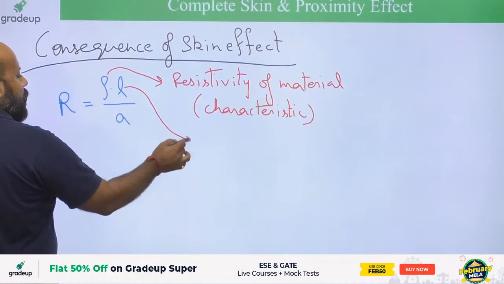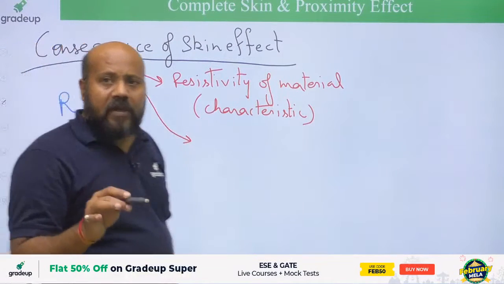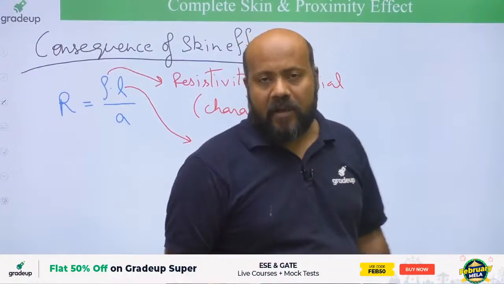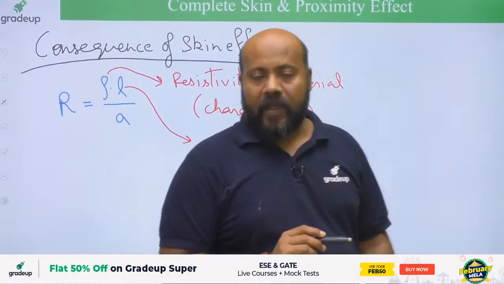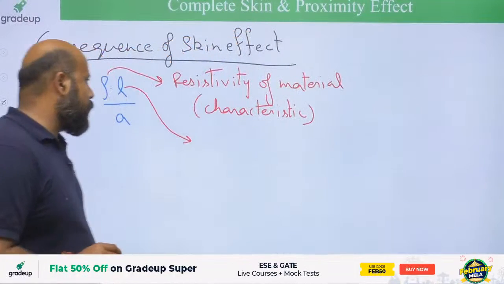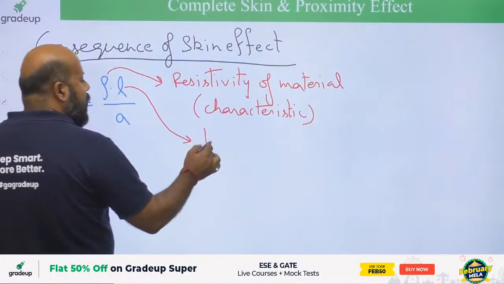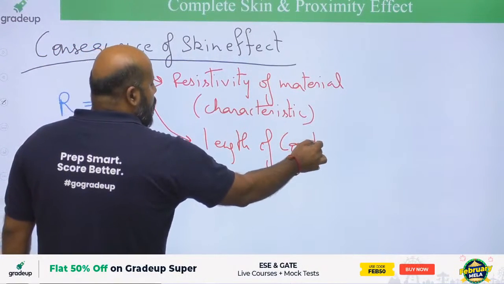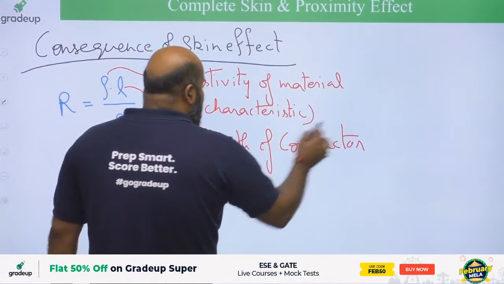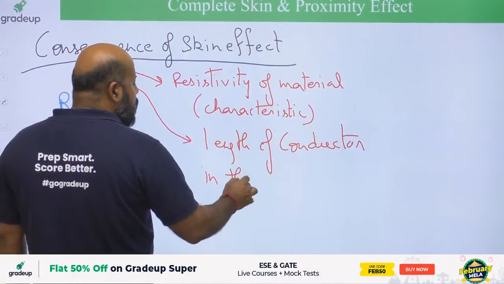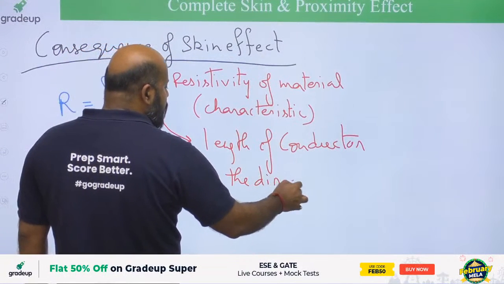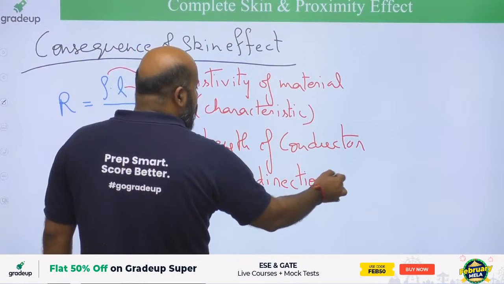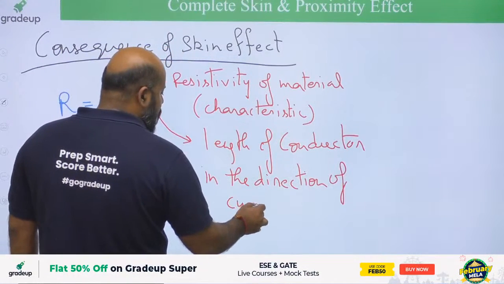What is this L? Please try to understand the way I am trying to make you understand. Otherwise, you will be confused and you will not get the real concept. This L we are defining as the length of the conductor in the direction of current.